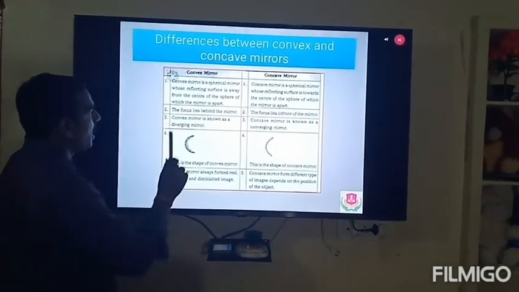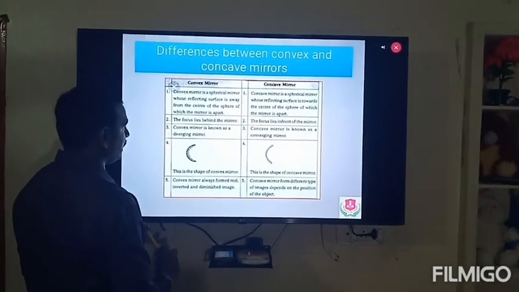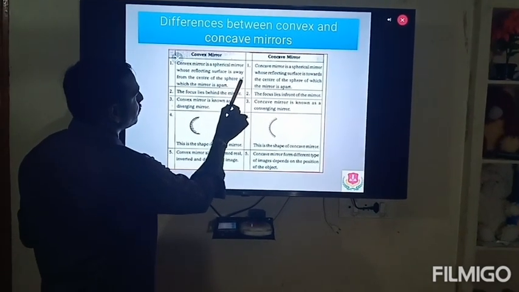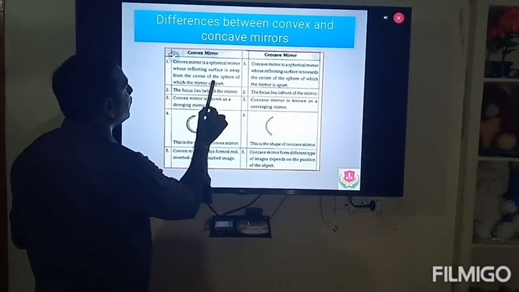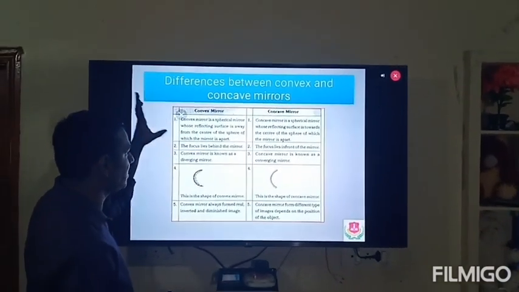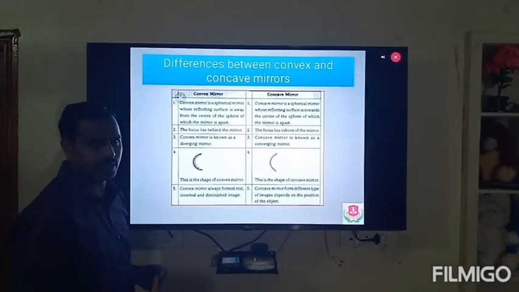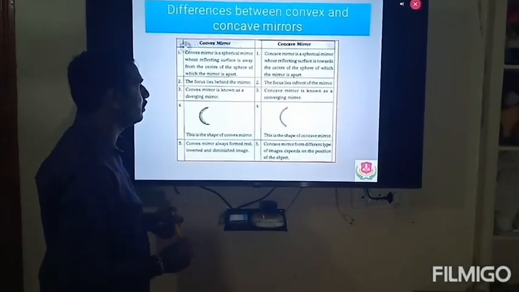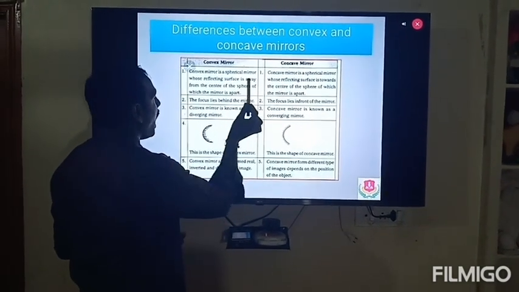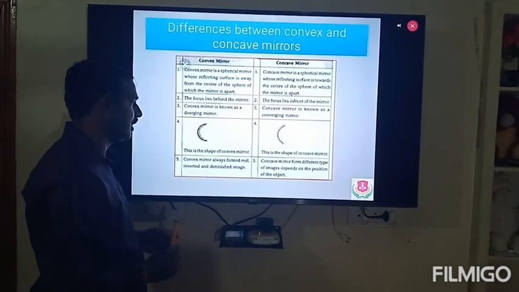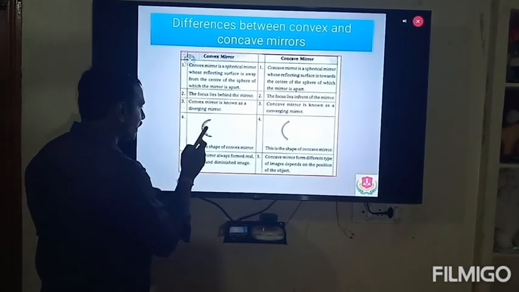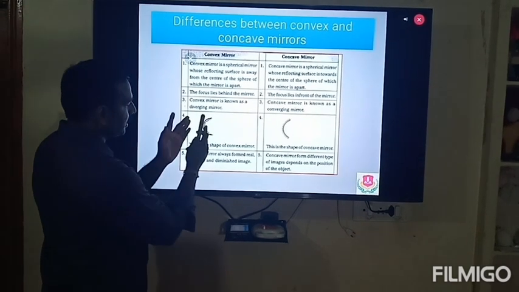The first one: a convex mirror is a spherical mirror whose reflecting surface is away from the center of the sphere of which the mirror is a part. This is the convex mirror I am saying. The reflecting surface is away from the center of curvature. So the center of curvature is on this side, but the reflecting surface is on the left side.